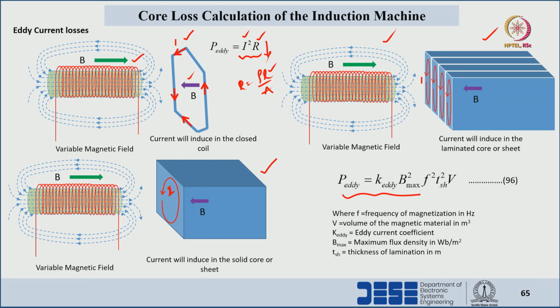Based upon the I square R loss equation we can derive this, and here K eddy is the eddy current coefficient, B max is the maximum flux density, f is the frequency of the machine, t is the thickness of each lamination, and V is the volume of the magnetic material, it is not the volume of the machine.